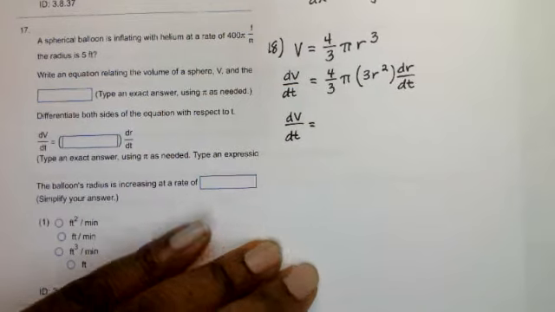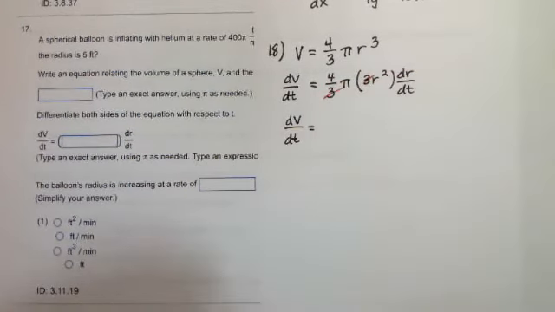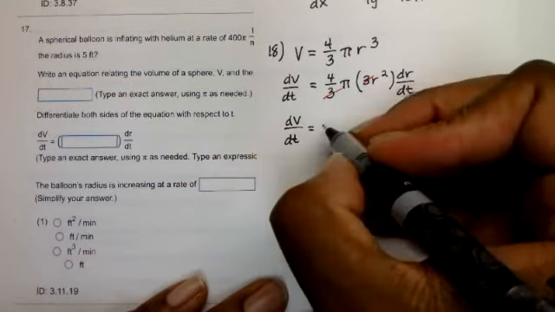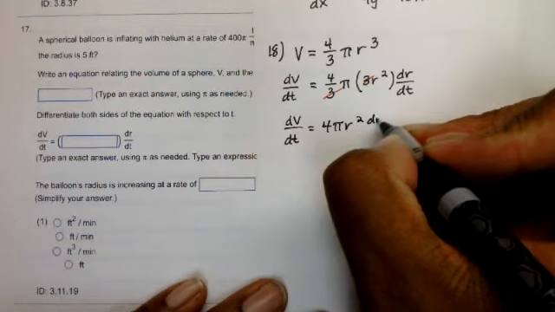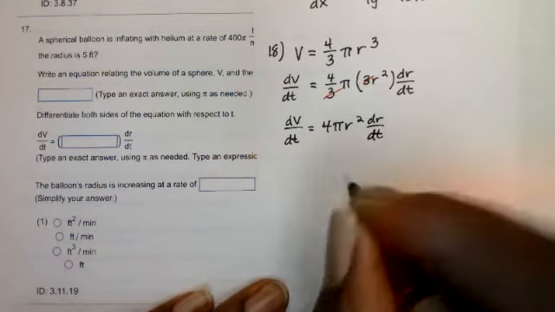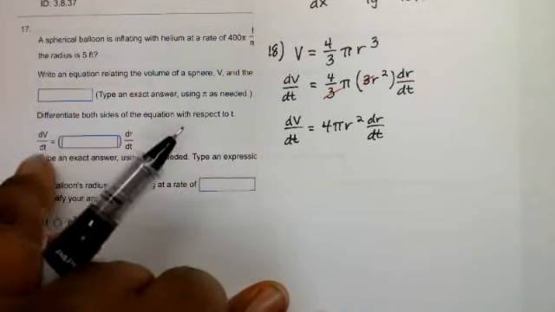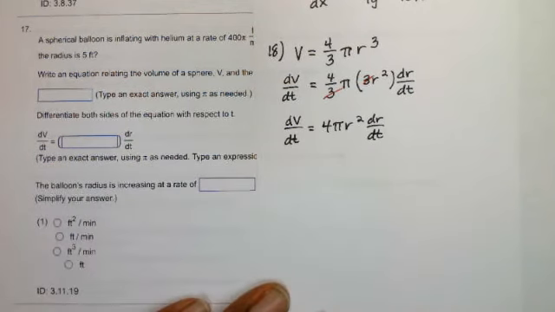Now if I simplify that, the 3's divide out, so I have 4 pi r squared dr dt. So that 4 pi r squared would be going in that space there. They already give you the dV dt and then dr dt.